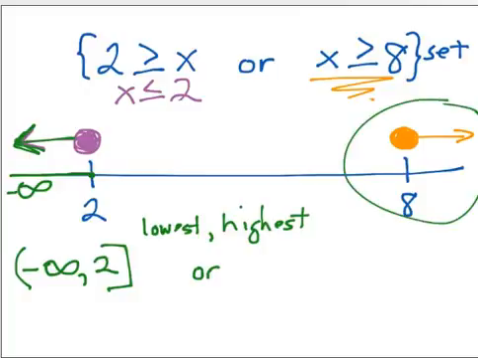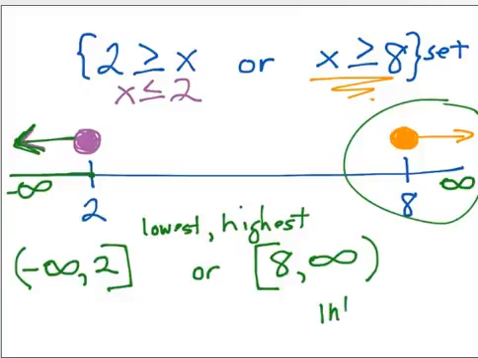The lowest value in this area is 8. And what is the highest in this area? Infinity. Alright, we know that infinity you'll never reach, so that's a parentheses. But what about 8? You do indeed reach 8. You can be equal to 8. Therefore, that is a bracket. And that is interval notation.